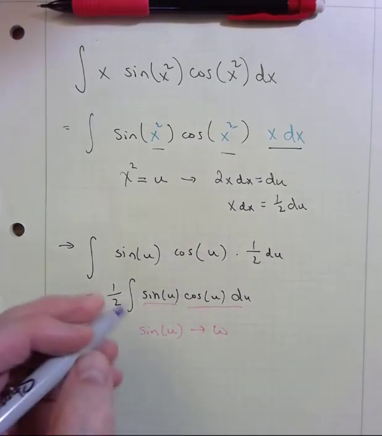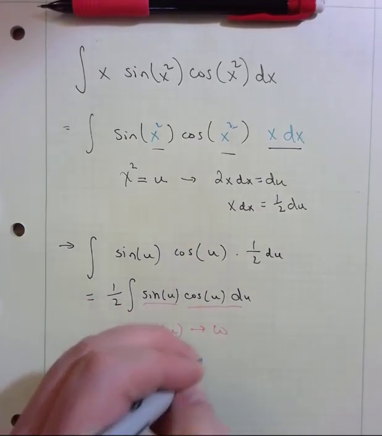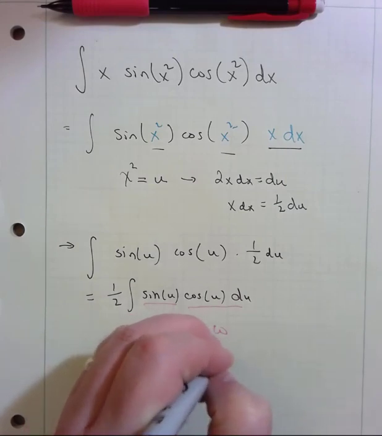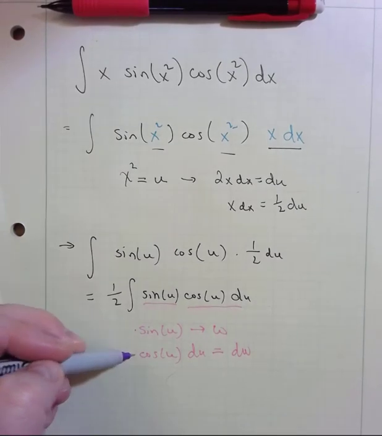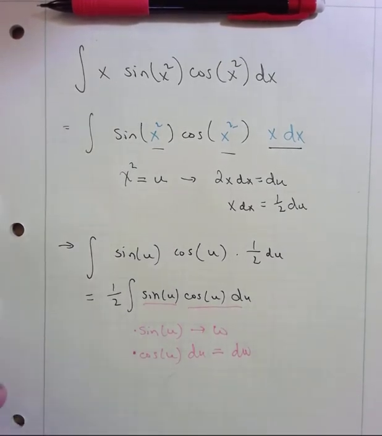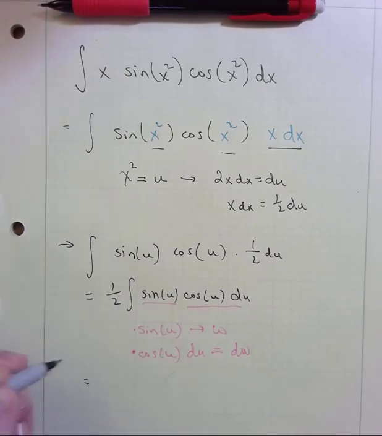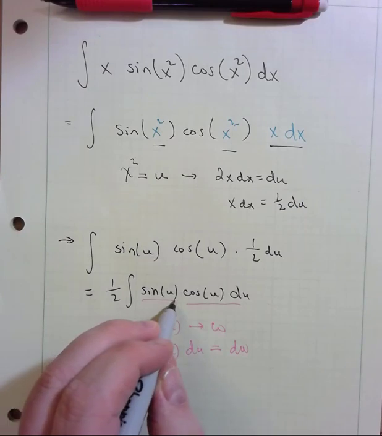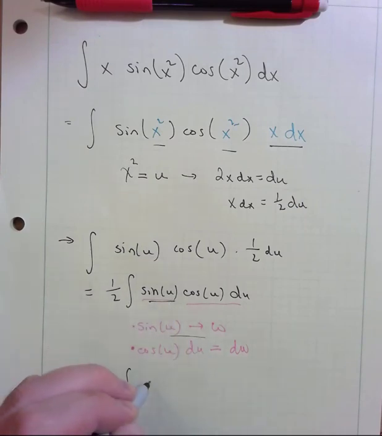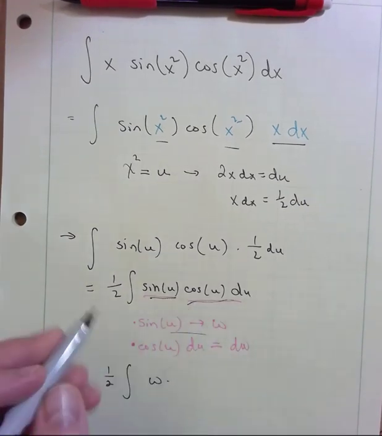Well, the derivative of sine of u is cosine of u du, and that's equal to dw. So here's the substitution. Derivative of both sides gets us that. And so this integral with that substitution is now 1/2 integral of w dw.